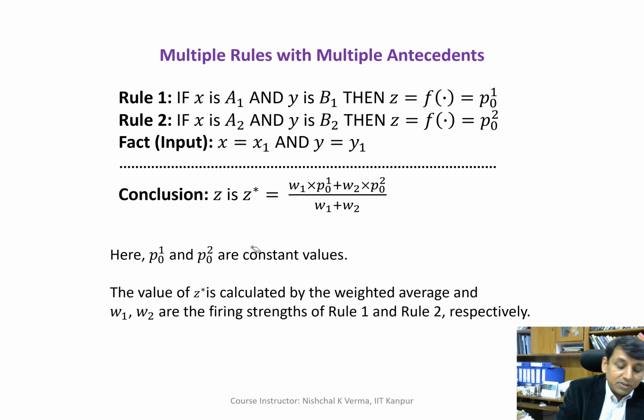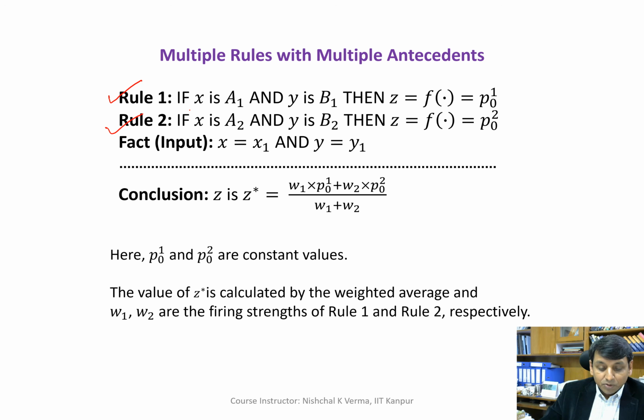So here you see, for simplicity, we have two rules, first rule and second rule, and two antecedents. Otherwise we could have taken any number of antecedents. The rest of the things remain the same. We have two antecedents and the connective is AND.